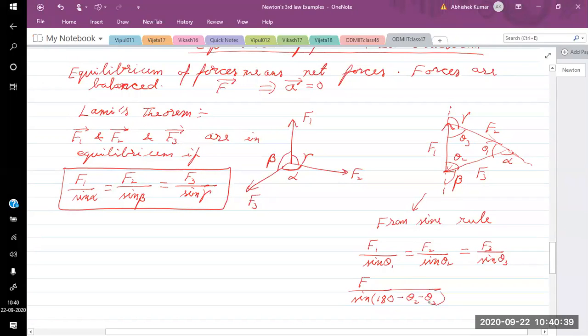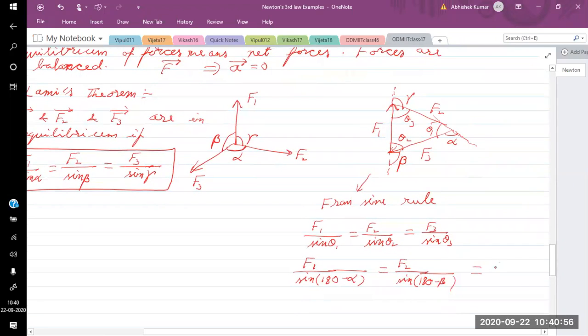So you can directly write F1 by this much, then F2 by sine 180 minus beta, and F3 by sine 180 minus gamma. And sine 180 minus alpha, 180 minus beta, 180 minus gamma are going to result simply in F1 by sine alpha, F2 by sine beta, and F3 by sine gamma. So this is the proof of Lami's theorem.